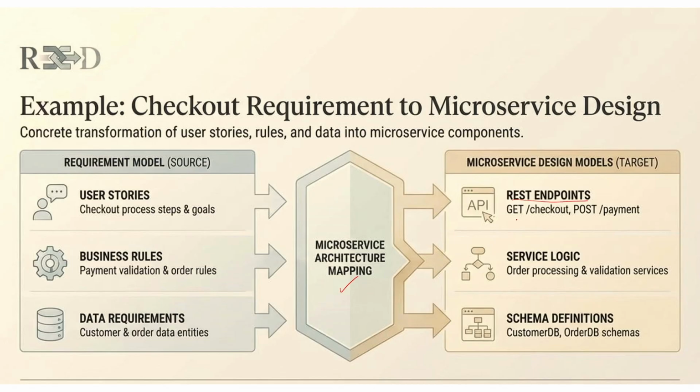Okay, so get, checkout, post, payment, everything could be done, and the service logic that could be accessed, say for example, order processing or validation, and you can also have the database things. The data requirements is nothing but your database, so that could also be converted into microservice design using these schema definitions. Basically it is trying to move from one model to another. So here the example is microservice design.